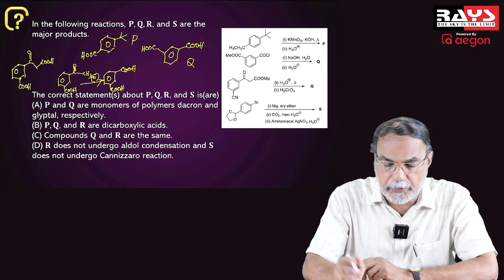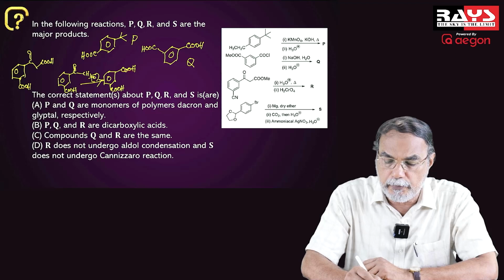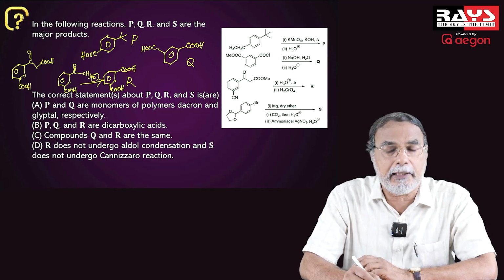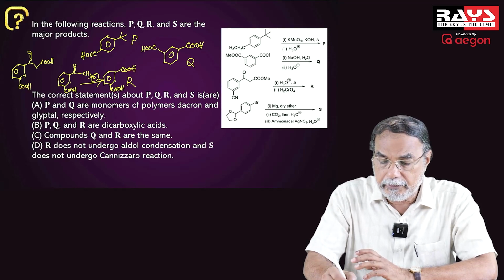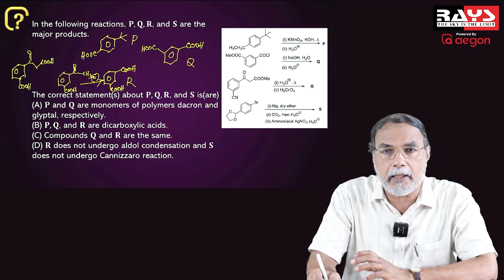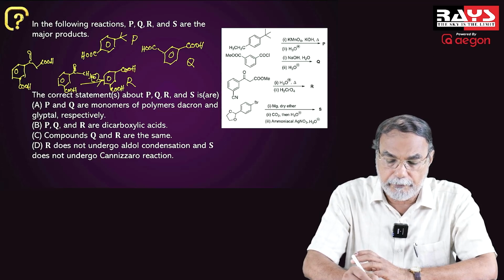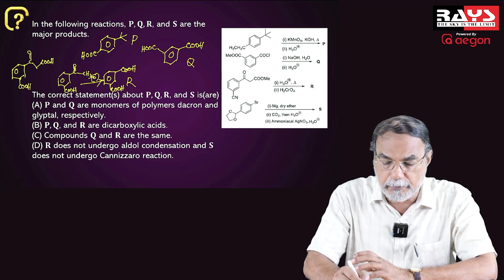The COCH3 part gets oxidized to the carboxylic group, and therefore the product R is this one, which is again isophthalic acid with the two carboxyl groups on the benzene ring at the meta positions. It is the same as Q, but however in the equation it is given the symbol R. So this is compound R, this is compound P, and this is compound Q.